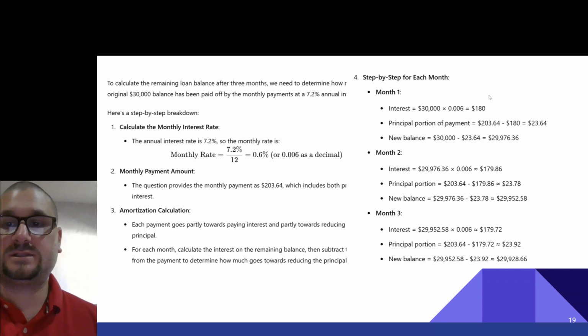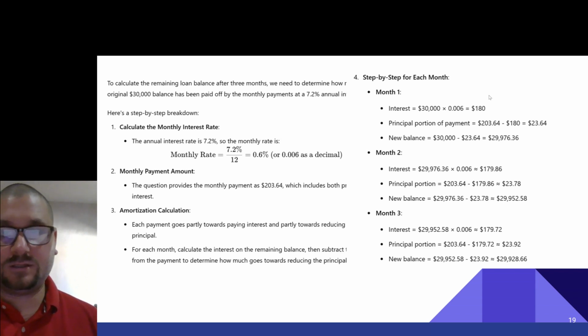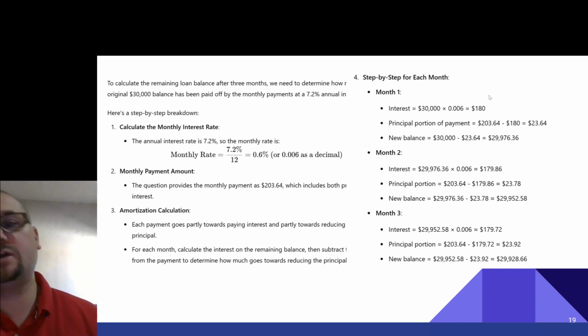Now the new balance is 29,976 minus $23, and you get 29,952. Month 3, interest is 0.6% of 29,952, which gives you 179. The principal is $203 minus 179, which is $23. The new balance is 29,952 minus the $23, which gives you 29,928.